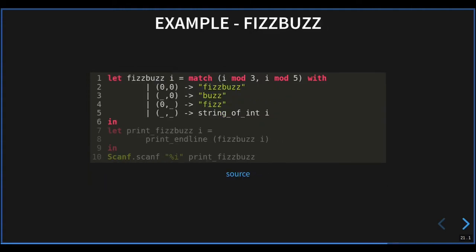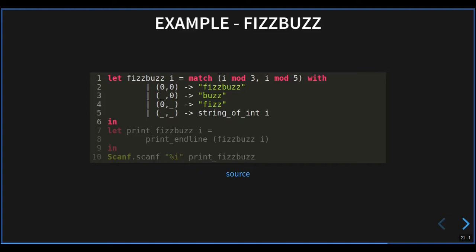Here's another example. This is FizzBuzz. FizzBuzz is a program or a function that accepts a single integer and produces a string, and if the input value is divisible by 3, it should return the fizz string.